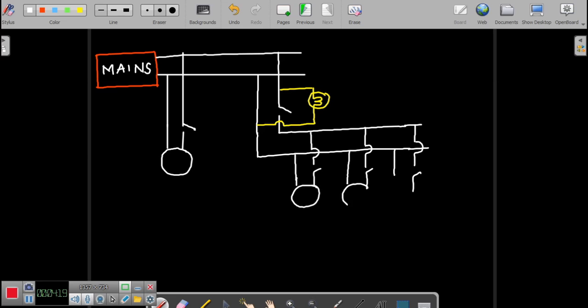One, two, three. So this is motor M1, then this is M2, M3 and M4. So this is one indicator. All of you please draw this parallelly.